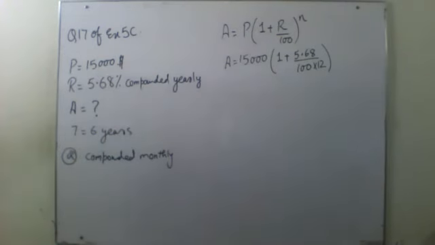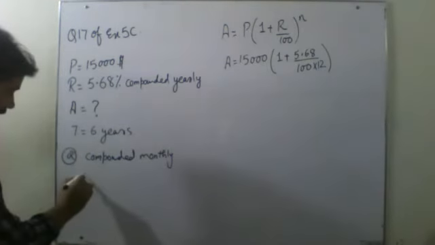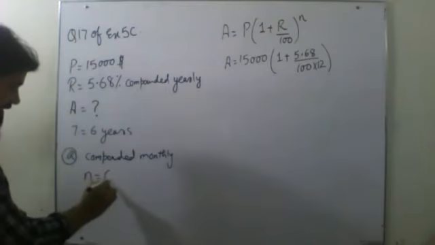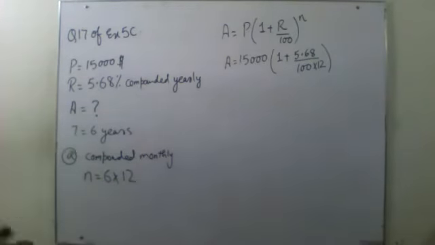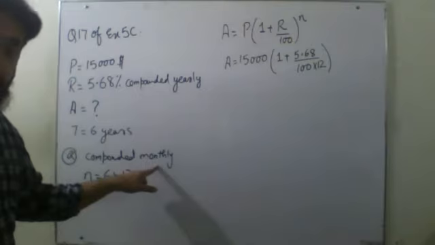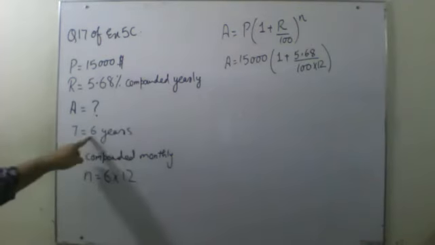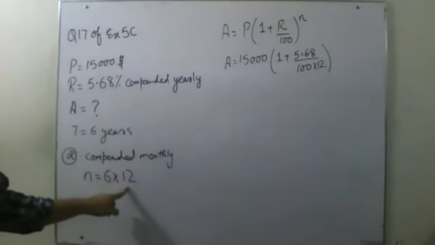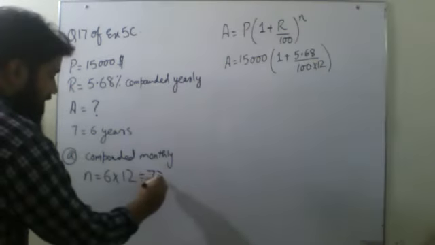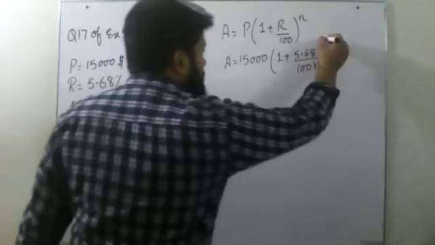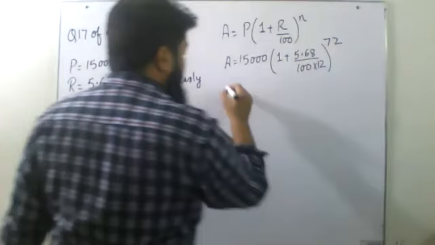For that, 6 into 12, because it is compounded on a monthly basis and in 6 years I will have 6 into 12 months. That will be written as 72 months.